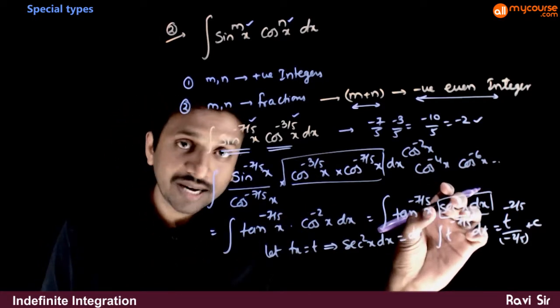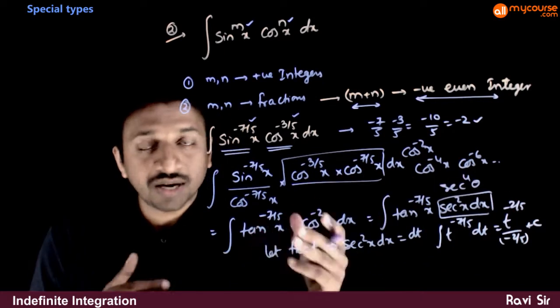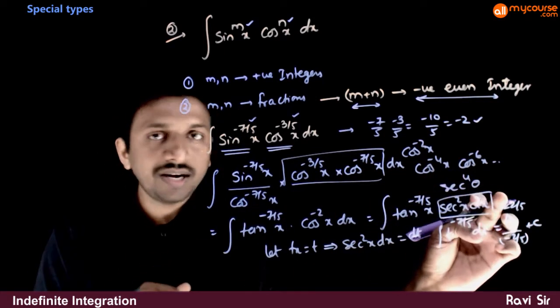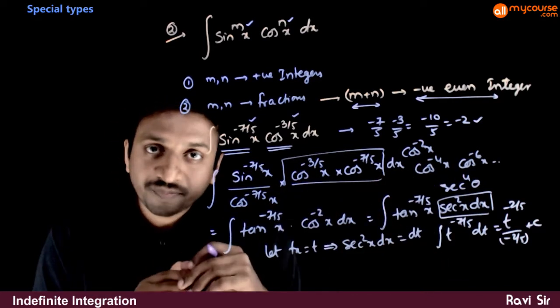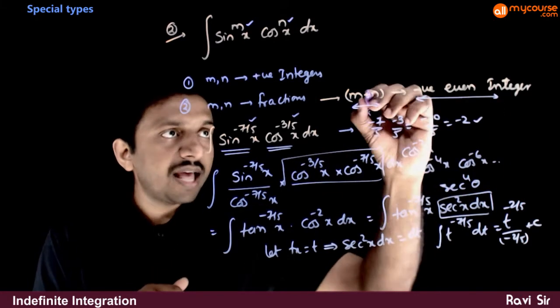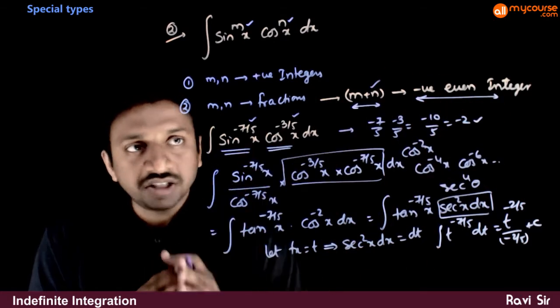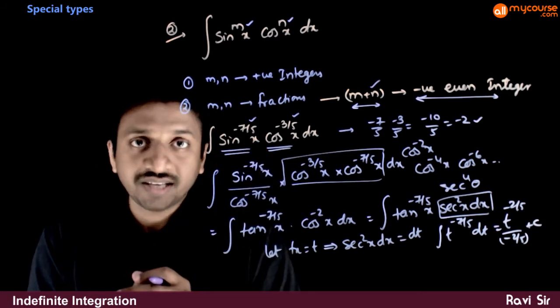So once you get secant power any even integer, for example secant power 4, one secant square dx goes to dt, the other secant square can be written as 1 plus tan square, and this becomes a polynomial. So whenever m plus n is a negative even integer, you can solve integration of sin power mx cos power nx dx.